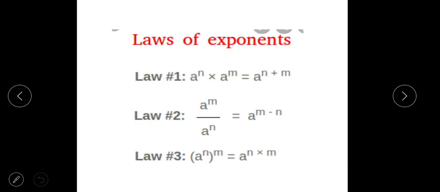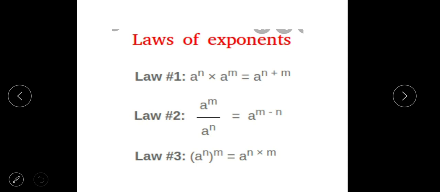Now we will discuss laws of exponents. These exponential forms can be multiplied or we can divide also. There are some laws for that. Look at the first law. a raised to n into a raised to m is equal to a raised to n plus m. What does it mean?